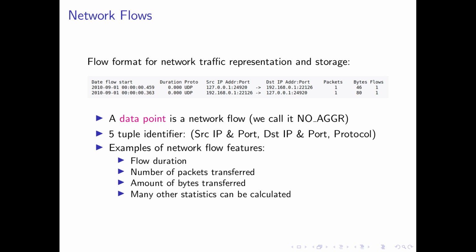And then they can have attributes of a connection, such as flow duration, number of packets transferred, amount of bytes transferred, and many other statistics can be added here. It depends on the network flow exporter that outputs these logs. A data point here is a network flow, and in this work we call it NoAgg, because there is no aggregation, which we will talk about on the next slide.